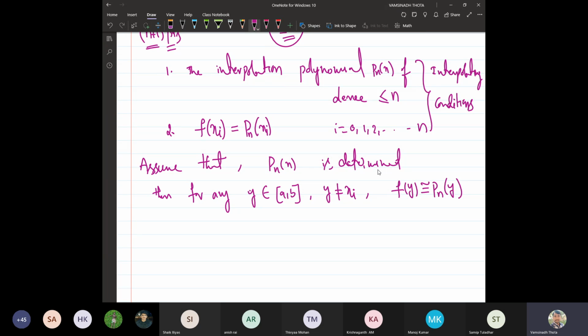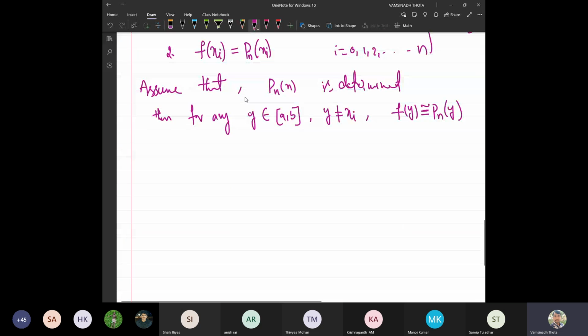It is approximately equal to; we are not saying that it is exactly equal to. This is the basic idea of constructing an interpolating polynomial. These two points we should consider throughout the process.